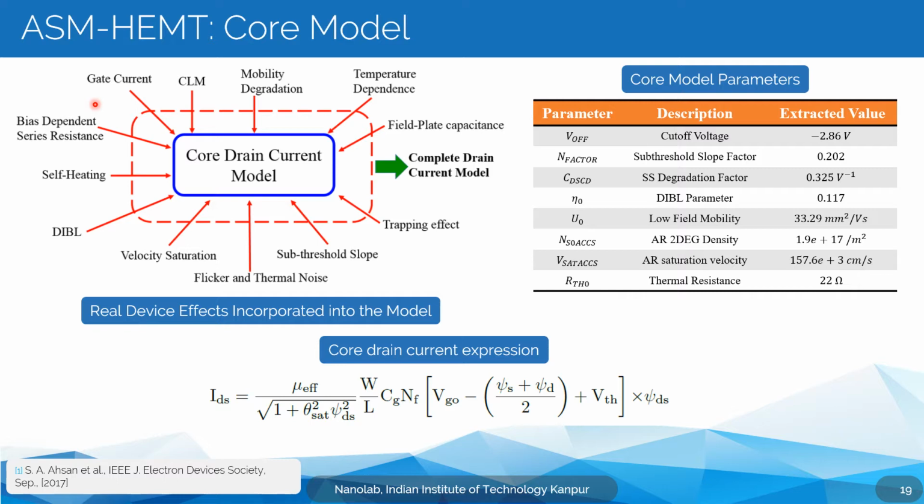There are some regions which are not under the gate, and they offer nonlinear resistance which has to be modeled accurately. Then we also have a gate current model incorporated into the core, and these are some of the parameters which are used to define the core model.